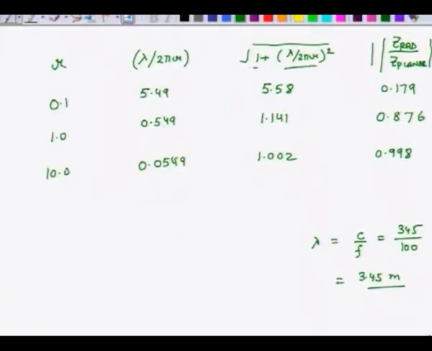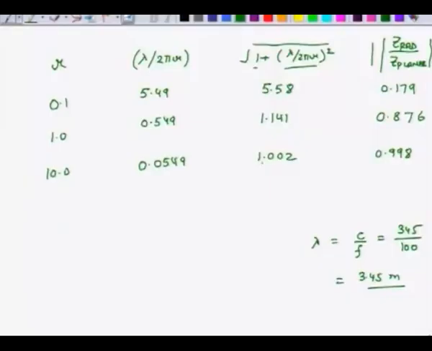So, in that case, when lambda over 2 pi r is very small compared to 1, or when r is extremely large, then lambda over 2 pi r is extremely small, and the ratio of impedances works out to be almost 1, which means that I am very far from my source, which is indeed the case when r equals 10 meters. So, if I am extremely far from the source, then the ratio of planar and radial impedance comes to be fairly close to 1.